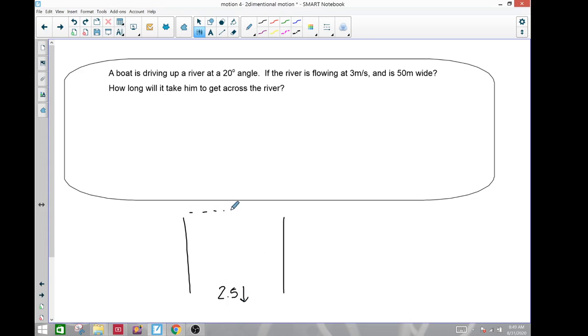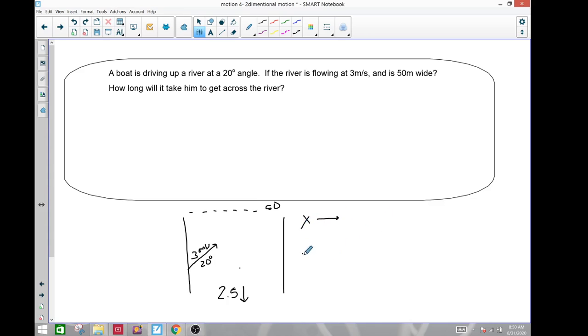This time boulder B cranks it up and has an angle of 20 degrees, and it's traveling 3 meters per second. This is a pretty common scenario, where again I need to know what all my x components are, because they're going to work differently than my y components.